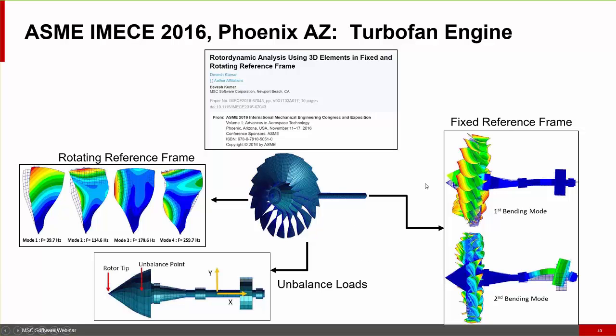And then there's a third paper that was presented last year at ASME IMECE, where the rotating reference frame was taken into closer consideration. Here we're looking at isolated blade modes in the rotating reference frame. We'll look at fixed modes, modes in the fixed reference frame on the right, and then unbalanced loads using point masses on the rotor system.